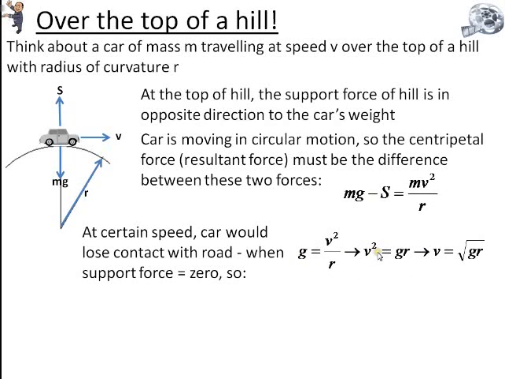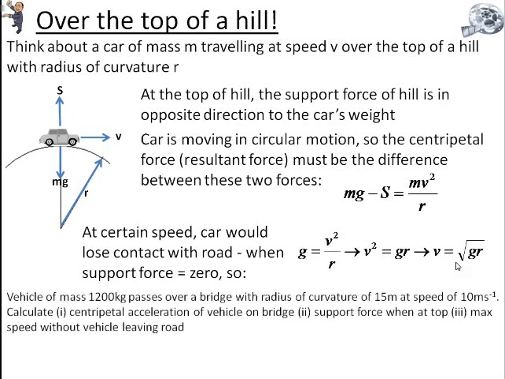Simply rearranging this, v squared equals gr, so v equals root gr. So you can find the speed that the car would leave the road by simply knowing the radius of the curve, and that equation, v equals root gr, gives you the speed at which the vehicle would lose contact with the road. And notice it's got nothing to do with the mass, which is quite surprising at first.